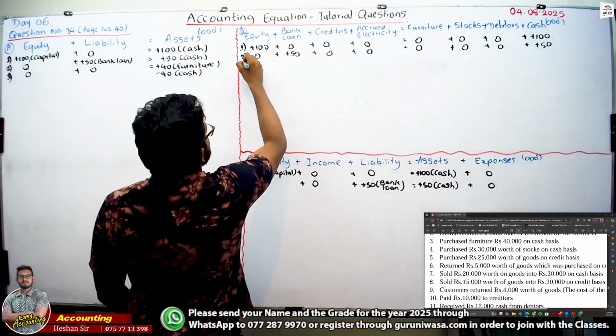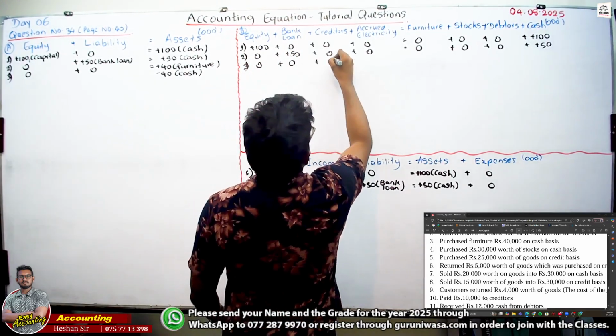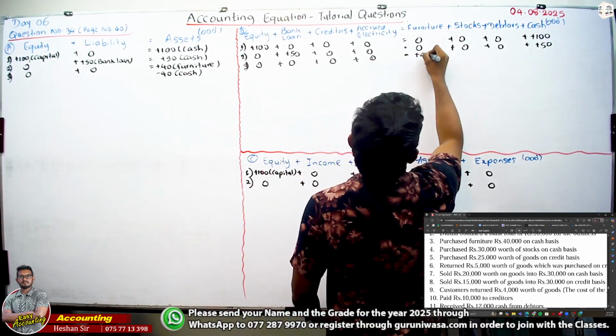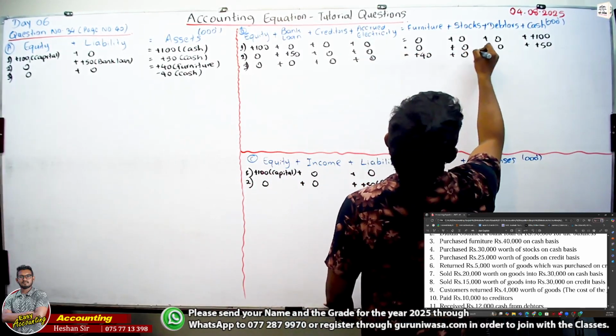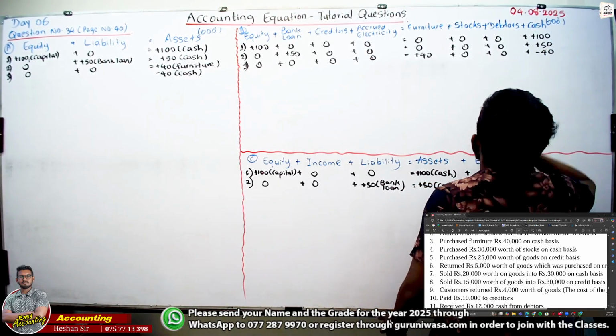Number three, furniture asset increase 40,000, cash asset decrease 40,000.